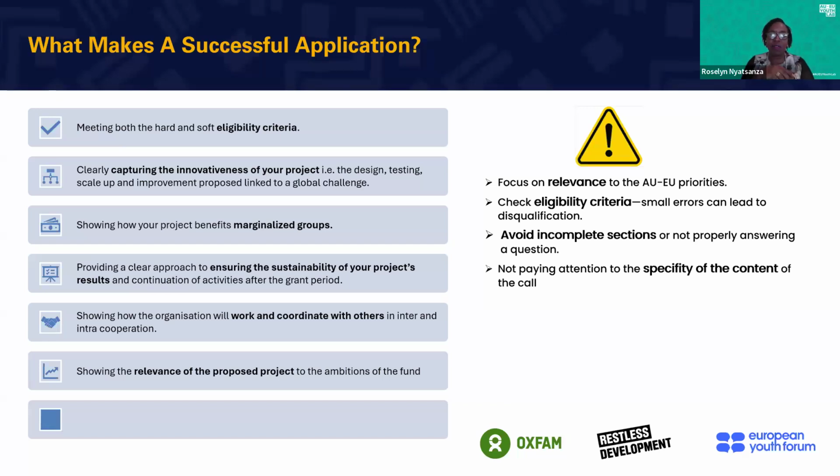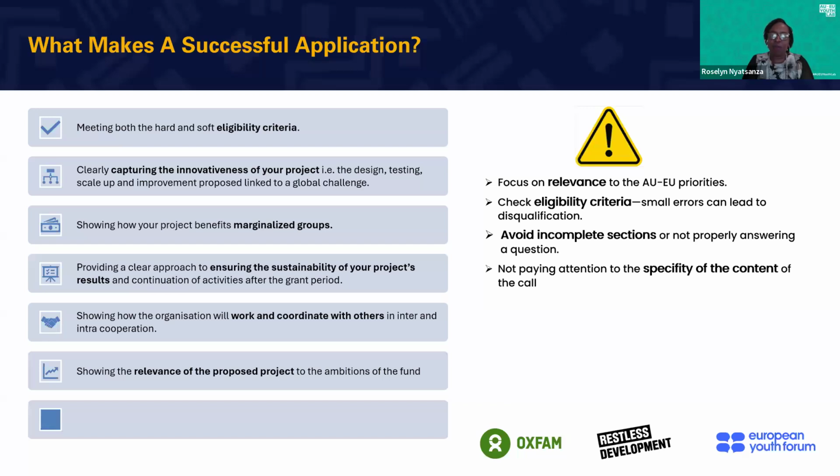Checking the eligibility criteria, make sure that you don't have any small errors, as this can lead to disqualification. And then avoid incomplete sections. Alice has walked us through the application form. You need to complete every section, so make sure that you run through and answer every question properly.